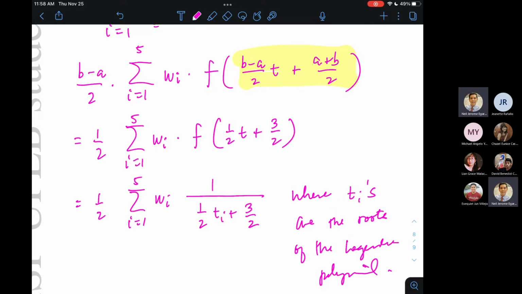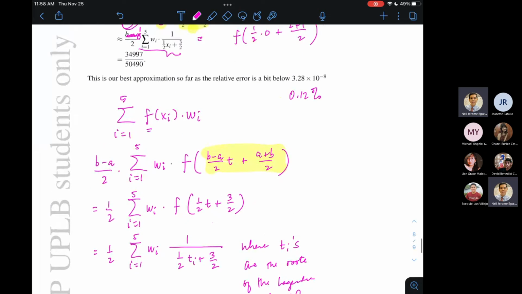Okay? Kaya yung itsura niya ay na-simplify na dito. Pero in general, dapat siya evaluated at the translated roots of the Legendre polynomial.